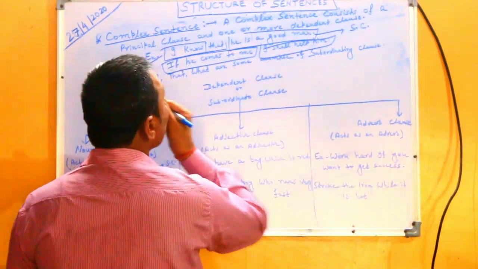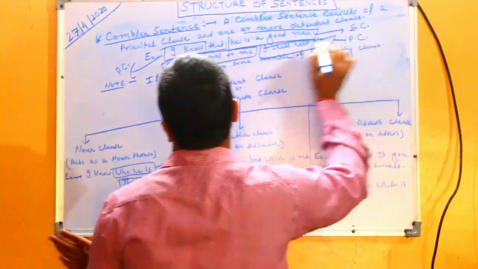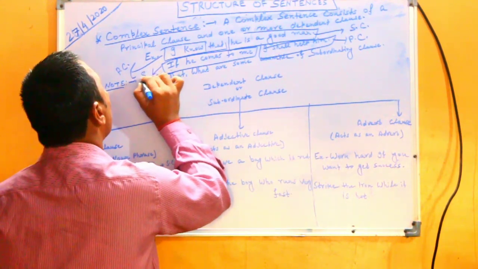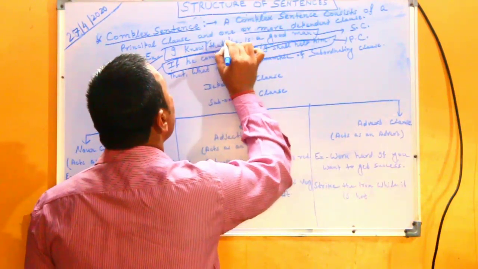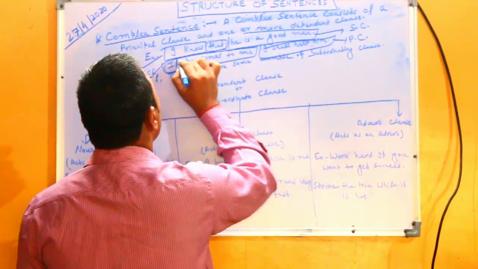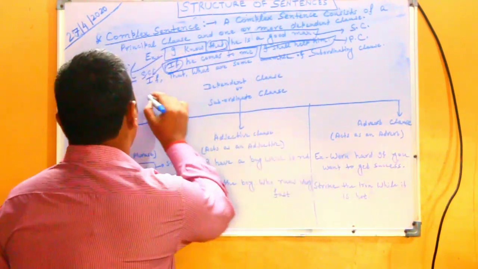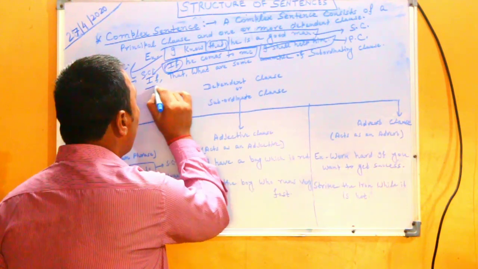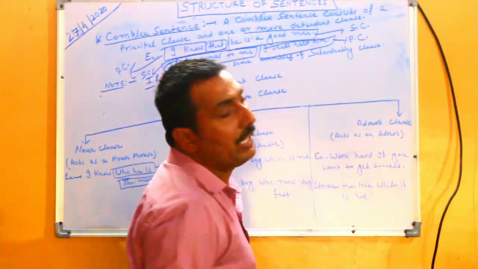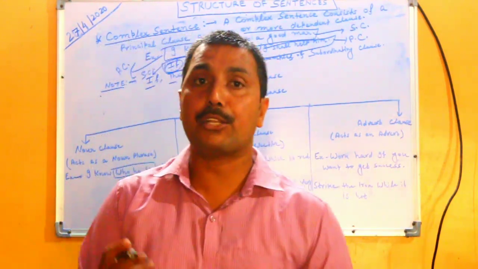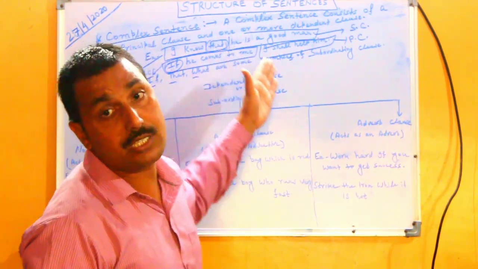In this sentence, it is principal clause and it is subordinate clause, and these two clauses are joined by these conjunctions. Both are subordinating conjunctions. So we have a note, that is if, that, what are some examples of subordinating conjunctions. Means you can identify a complex sentence by finding a subordinating conjunctions in it.